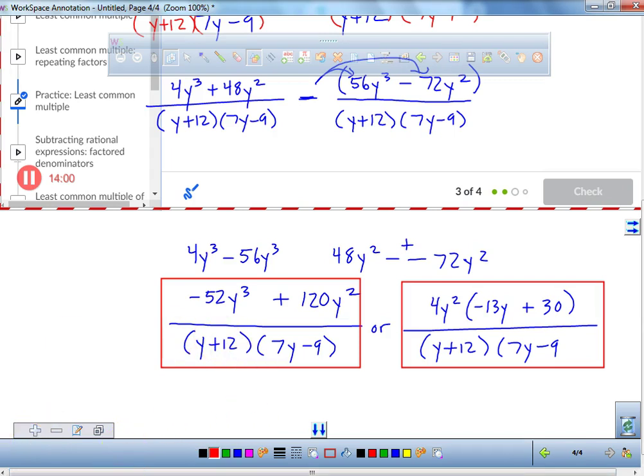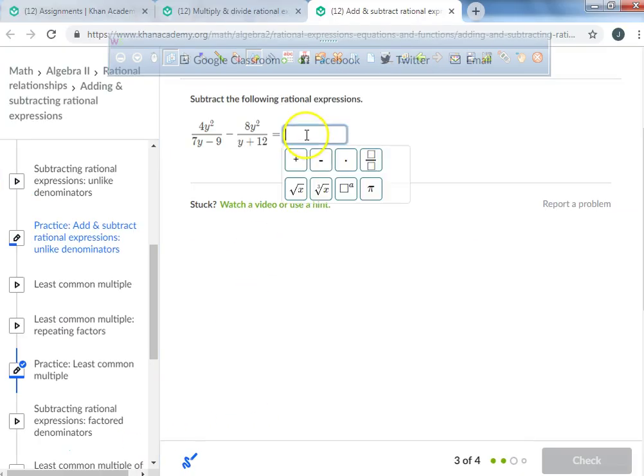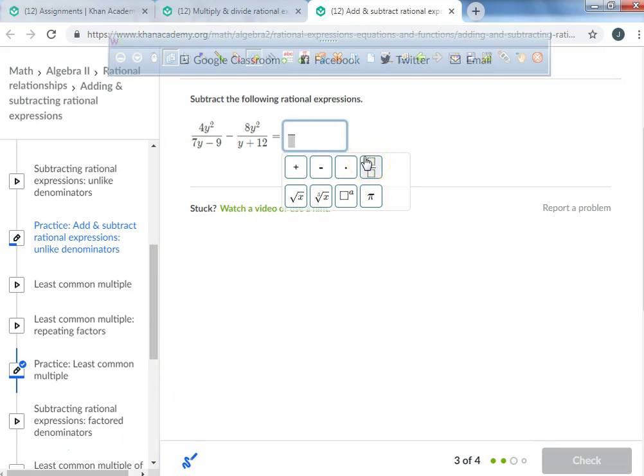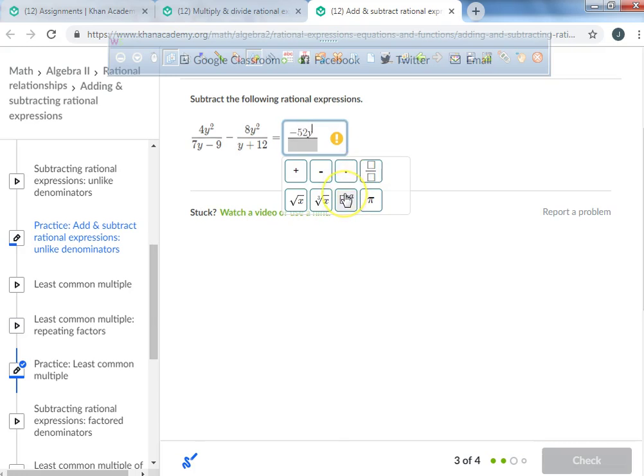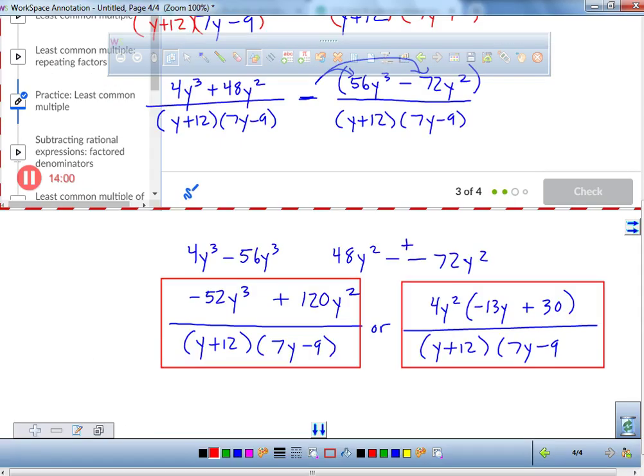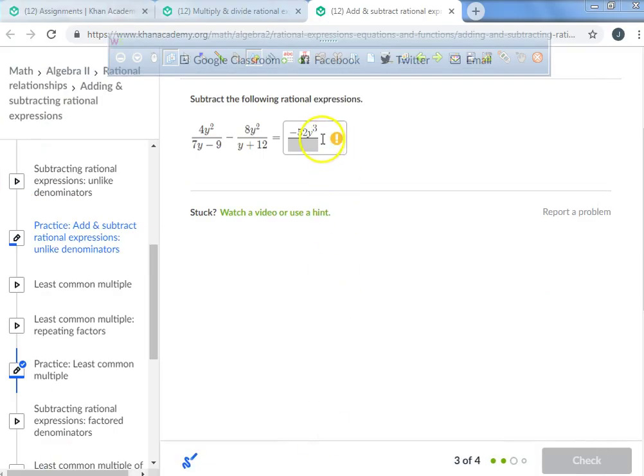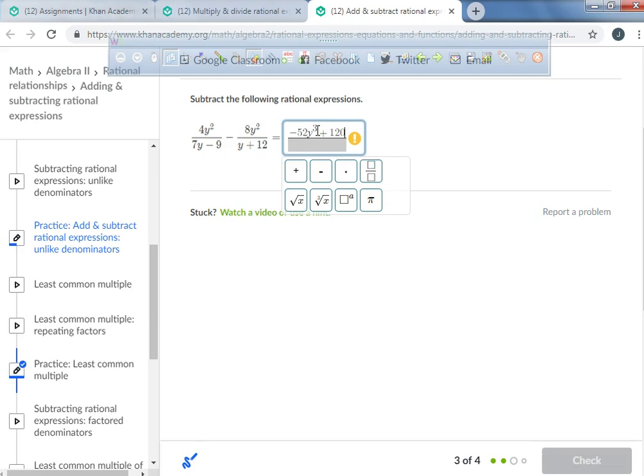All right, so we're going to go ahead and type this in. I'm just going to type in the first one. Negative 52y cubed, plus 120y squared.